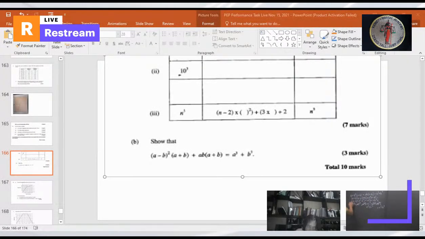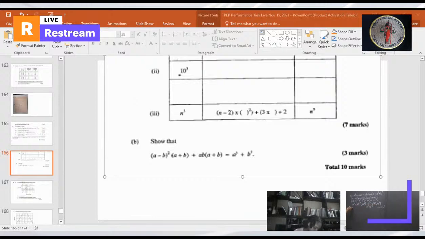Expanding this now, a minus b times a squared minus b squared: a times a squared is a cubed. A times negative b squared is negative ab squared. Negative b times a squared is negative a squared b. And negative b times negative b squared is positive b cubed.